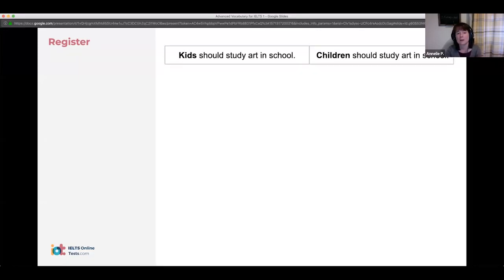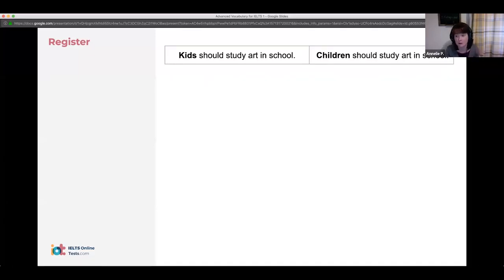So the other thing that we're going to look at now is register. Okay, so again, this is very important, particularly in the IELTS, because of the writing and the speaking that you need to do. So when you're doing the writing, if you're doing the academic module, you are always going to be using academic formal vocabulary in the writing.